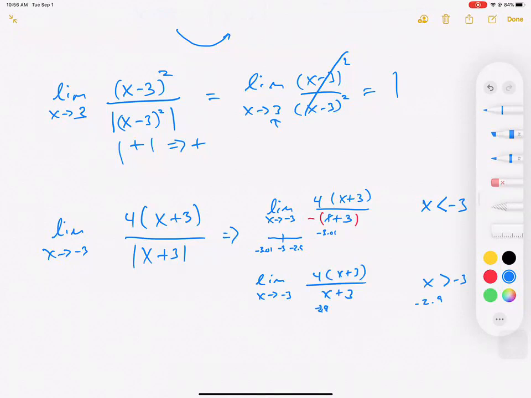This would be okay, no negative. Now that we have the absolute values gone, let's simplify. See you later, see you later. Our only number left is a negative 4 and a positive 4. Since the numbers do not agree, there is no limit.